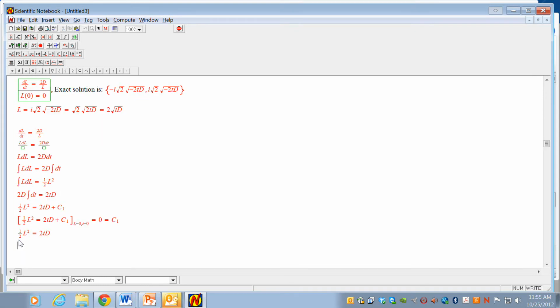And now we can solve for L. This step is setting C1 equal to 0, and then this step will be solving for L. If I take the square root of both sides, I get L equals that stuff, and square root of 4 is 2, so there's the final result.